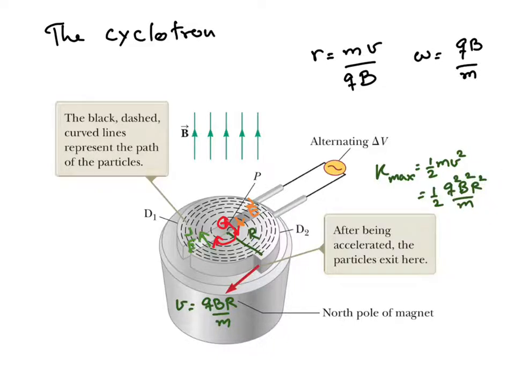So it means that we can adjust the kinetic energy by adjusting the magnetic field or by changing the radius of the D-shaped conductor. So we can have a particle that has as large a kinetic energy as we want.